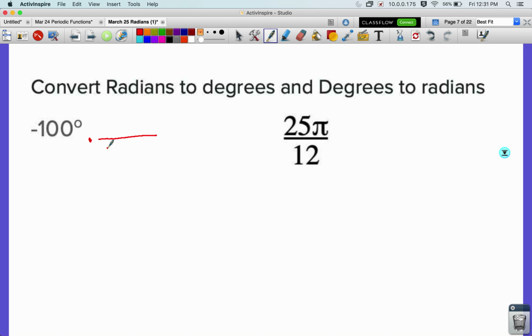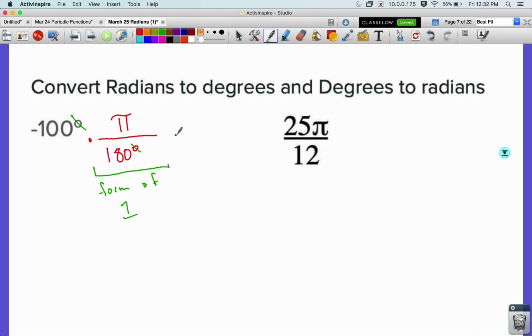And I just gave you one that's really easy to memorize: 180 degrees equals pi radians. So this is true. Pi radians does equal 180 degrees. So this is a form of 1. Anything divided by itself is a form of 1. It's just expressing the same angle in two different ways, so this isn't going to change the value. Plus I put degrees on the bottom so that degrees will now cancel out.